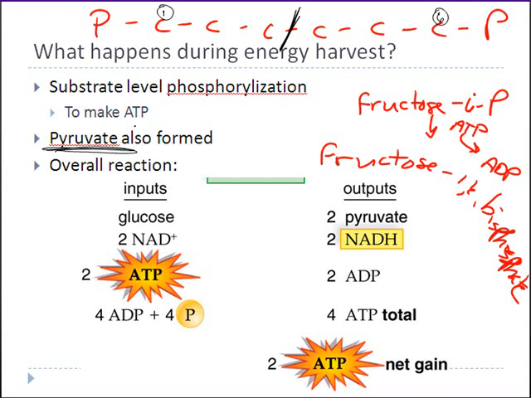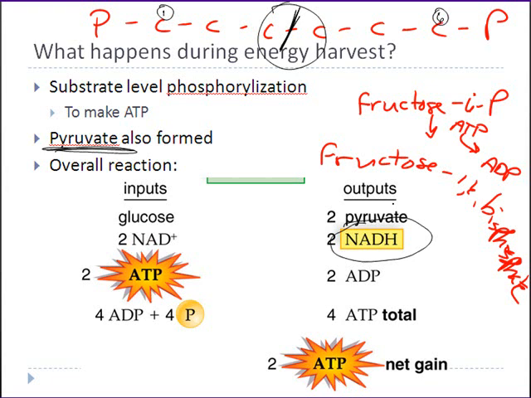The important part that you need to know is that in the process of taking that fructose 1,6 bisphosphate and splitting it apart, and the series of steps used to make pyruvate, because we're breaking apart individual chemical bonds, energy is released, and we're going to harvest that energy and store it in some ATP molecules, and we're also going to store it temporarily in the coenzyme NADH.